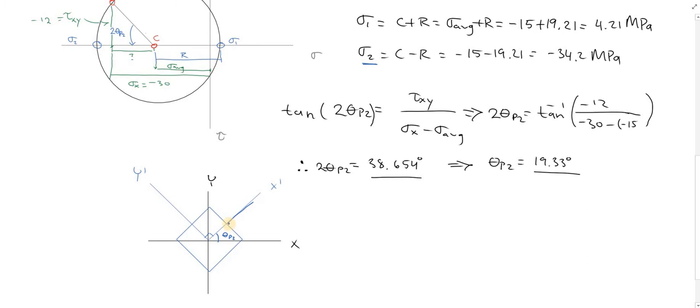Negative means it goes into the element. And then our principal stress 1, or our maximum principal stress, is positive, so it goes out from the element.